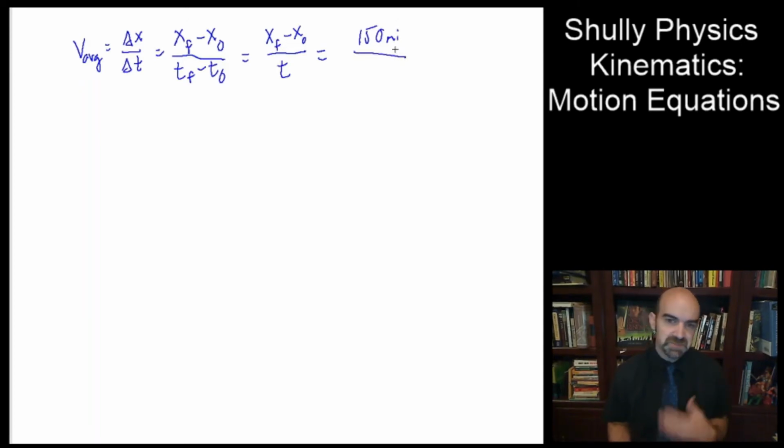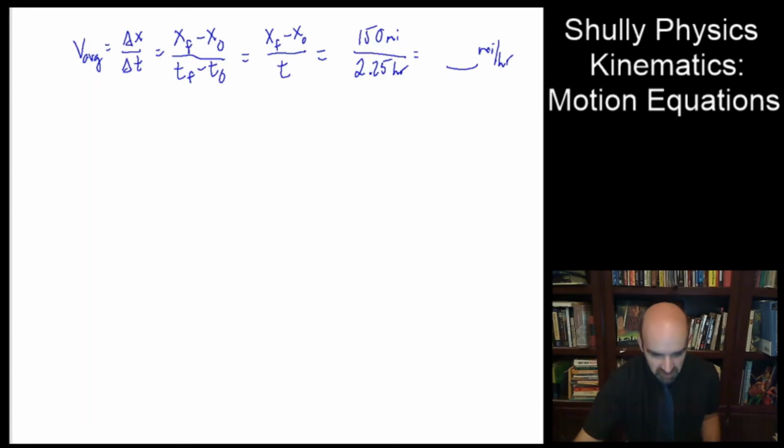And the time it might have taken them, 1.5 hours plus 45 minutes would be 2.25 hours. So we would get a value out of that in miles per hour. Okay, that would be an average speed.